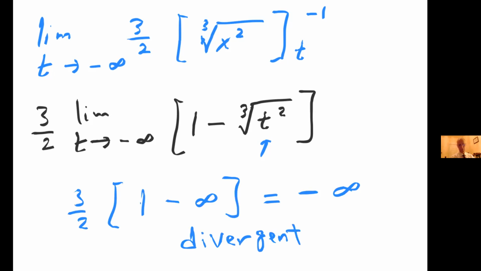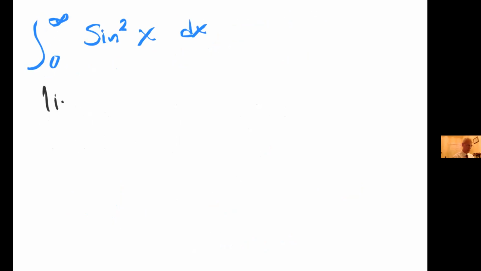Okay, let's do one more. I think we have time for one more. Let's do something with trig problems. How about from 0 to infinity, sine squared of x dx? What I'm going to do here is turn this into a limit problem as some t is approaching infinity, from 0 to t, sine squared of x dx.